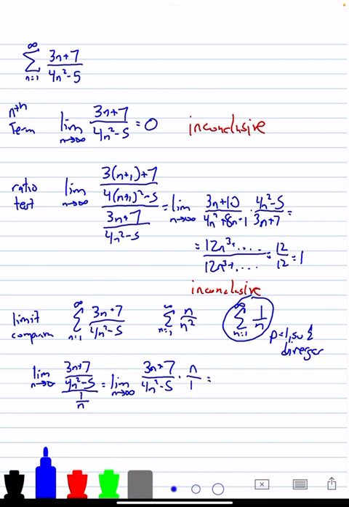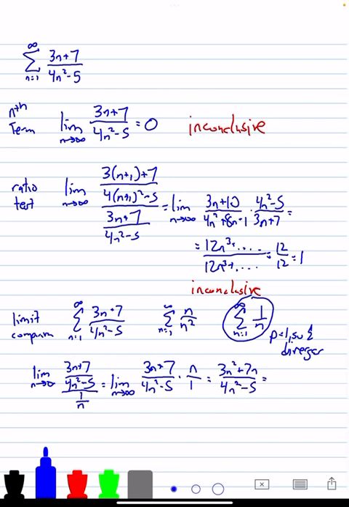So this is going to be 3n squared plus 7n over 4n squared minus 5.